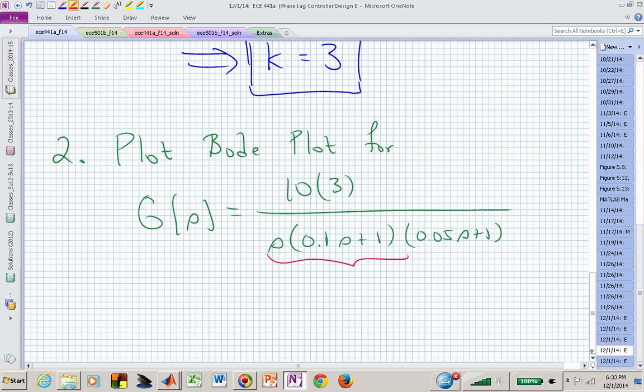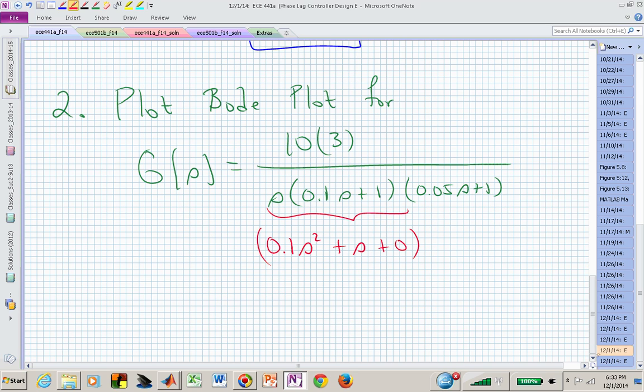To put this into Matlab, I'm going to create a second order first factor in the denominator so that I now have 0.1 S squared plus S plus 0, and then times 0.05 S plus 1.